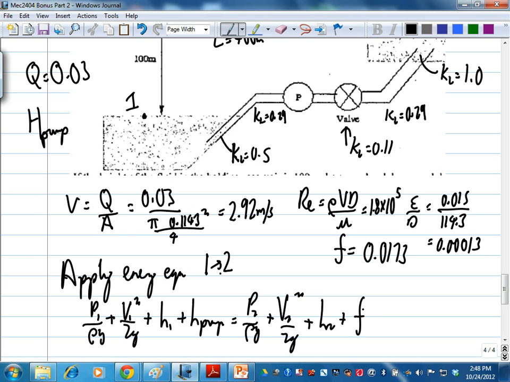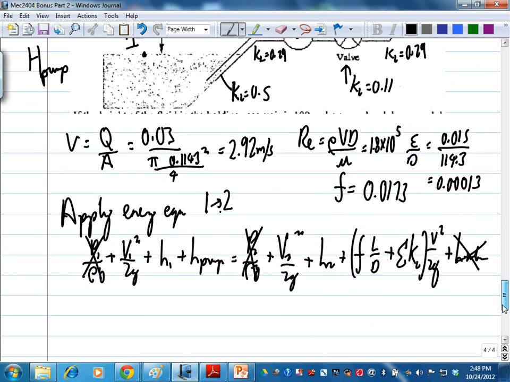Head loss is F L on D plus sum of KL, V squared on 2G, plus head turbine, which in this case we don't have. Pressure also we don't have because both are at the same atmospheric pressure.